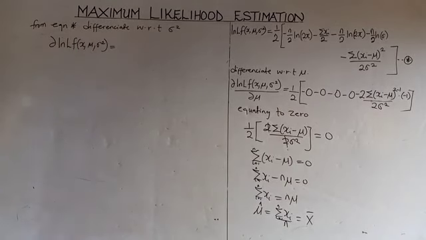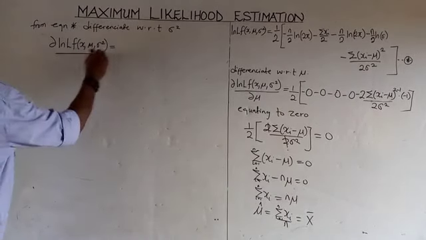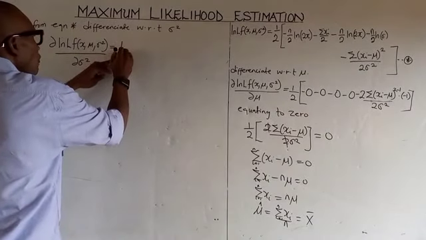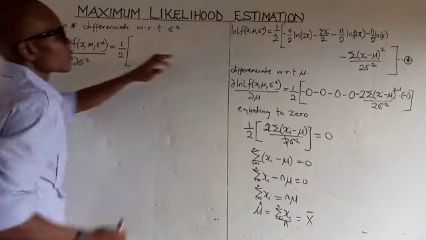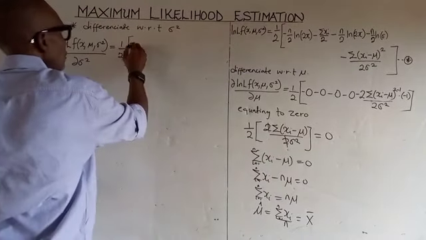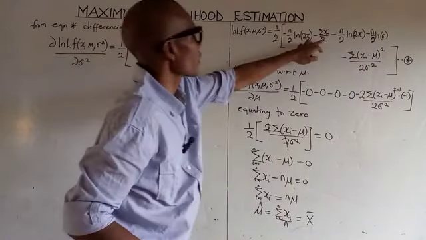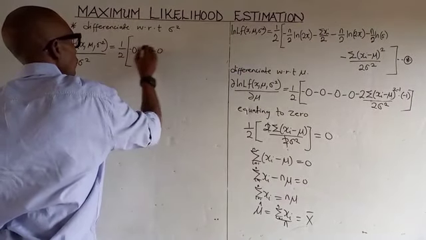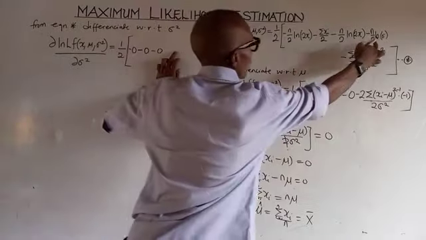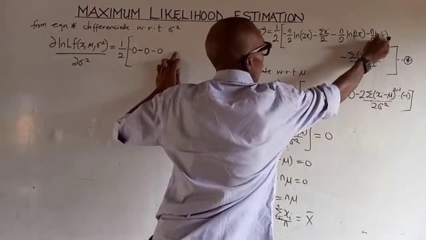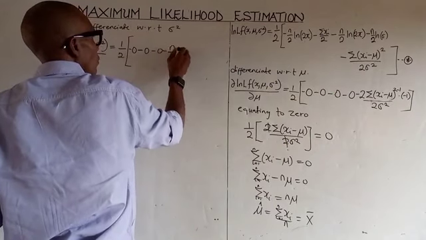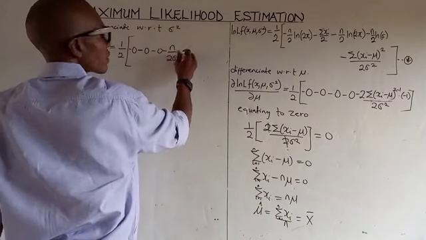Now we are differentiating with respect to sigma squared. We have 1 all over 2. If we differentiate this, we get 0, minus 0, but there is no sigma here. This and this, we get 0, minus 0, minus 0. If we differentiate this, it will now be 2n all over 2 times 1 over sigma. So it will be n all over 2 sigma.